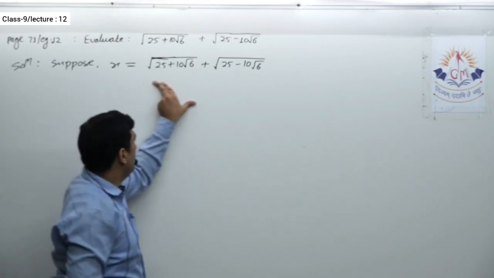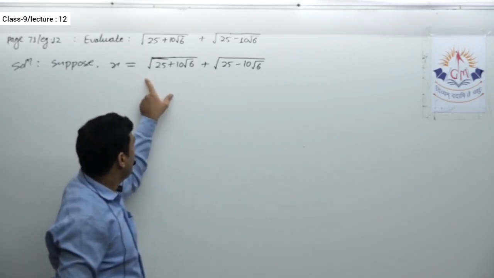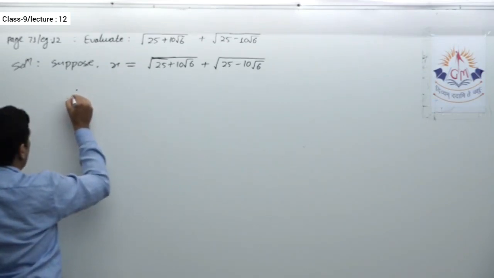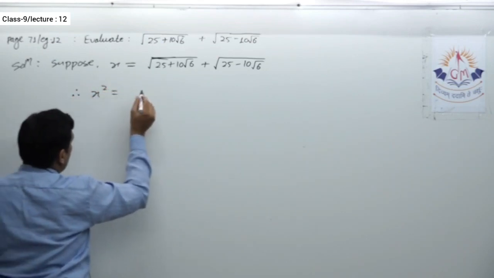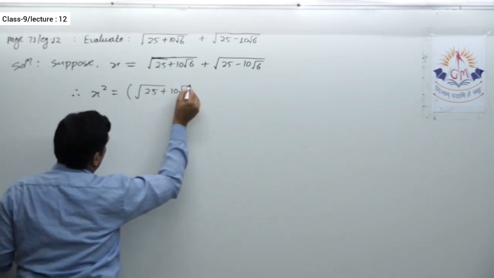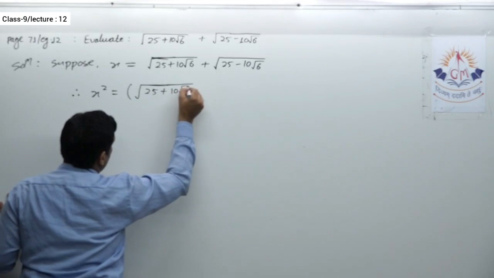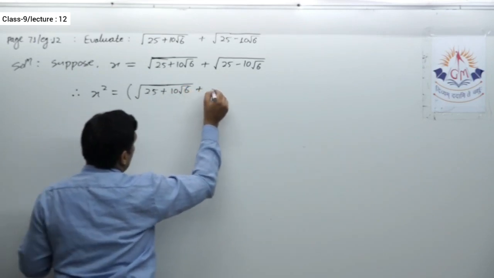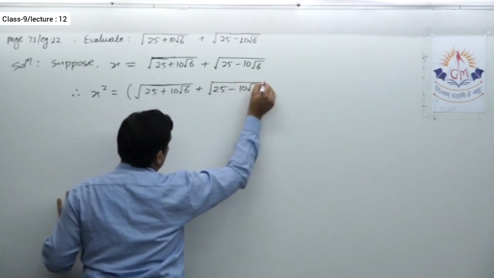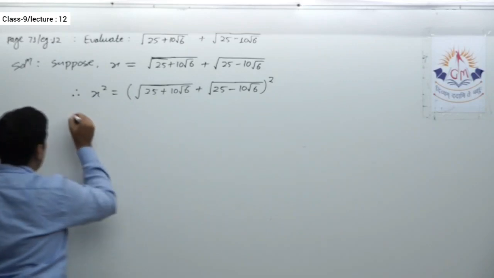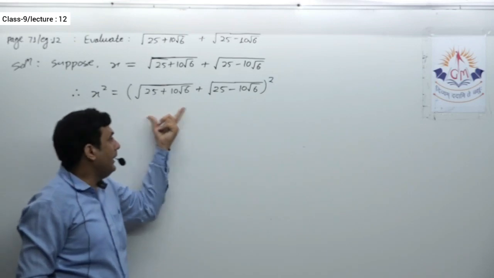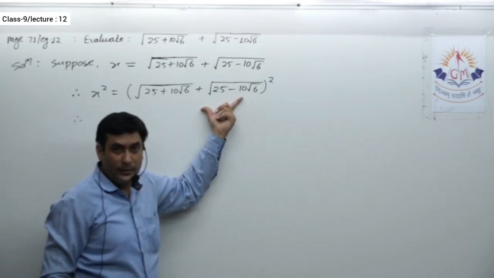Now to simplify this, I need to make them square so that I can remove this root sign. So squaring both sides gives me x square is equal to the square root of 25 plus 10 root 6, plus the square root of 25 minus 10 root 6, all squared. Here this complete term will be considered as a, and this complete term will be considered as b.